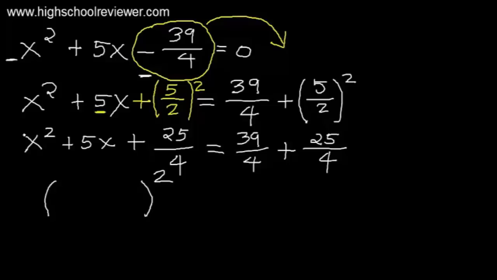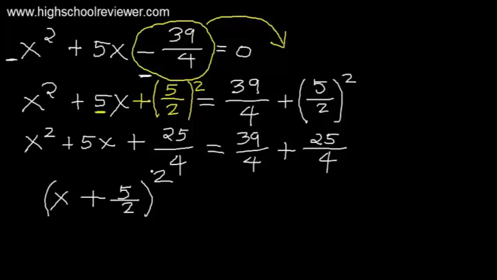Okay, so factor x squared, so its square root will be x. And since this is positive, this will also be plus, and the factor or the square root of 25 all over 4 will be 5 all over 2. So the quantity of x plus 5 over 2 raised to the power of 2.